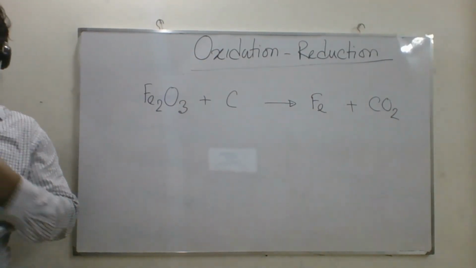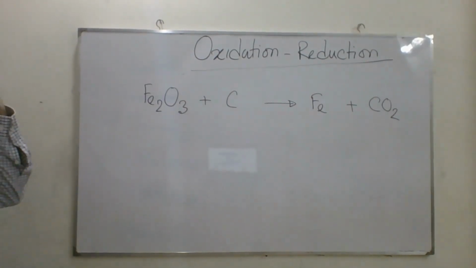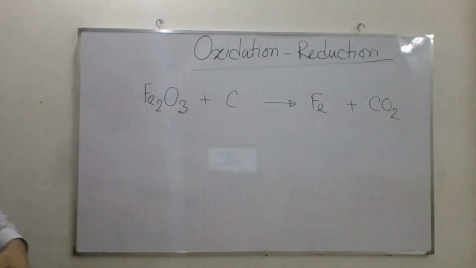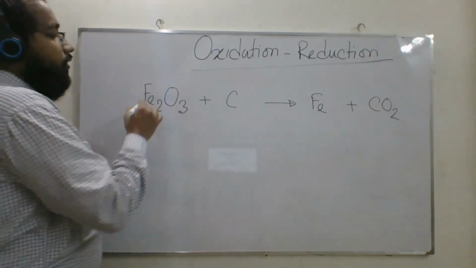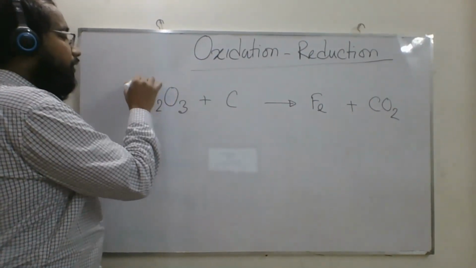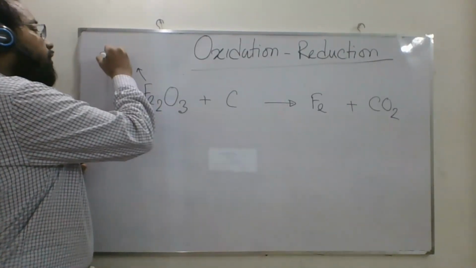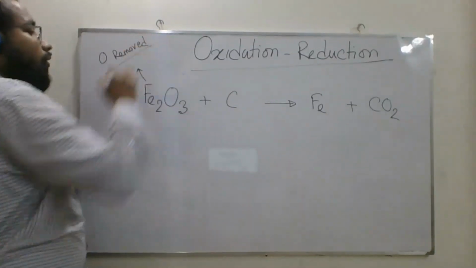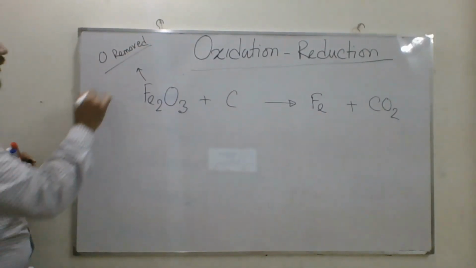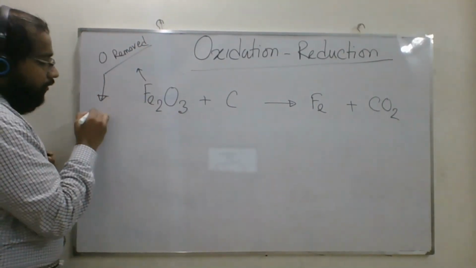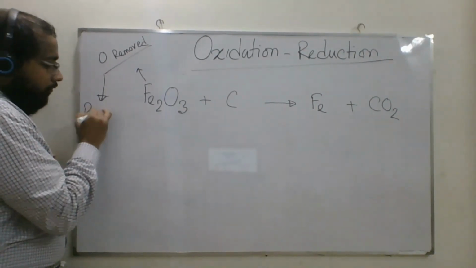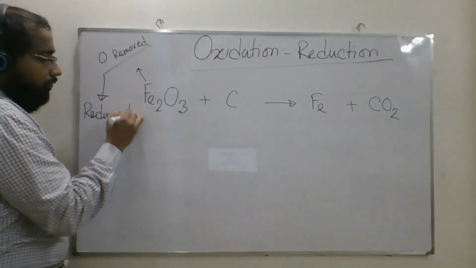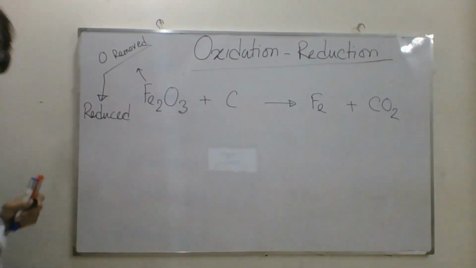First we look at the iron oxide. From this iron oxide, oxygen is removed. Removal of oxygen means it gets reduced.